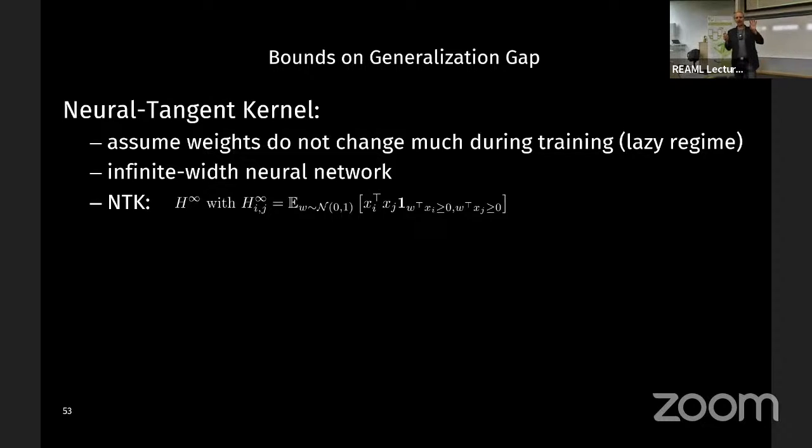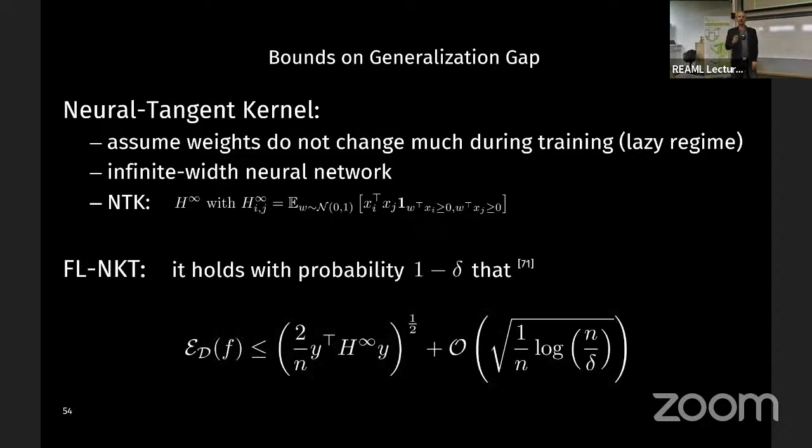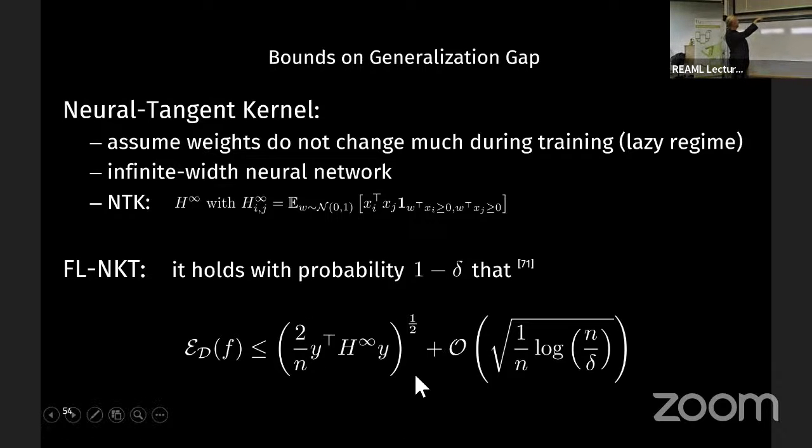And if you have this neural tangent kernel, then you can actually give a bound on not only the generalization gap, but actually the true error, the generalization error. And it looks a little bit like that. So the true error is bounded by something that depends on this neural tangent kernel and some term where the data set size plays a role.